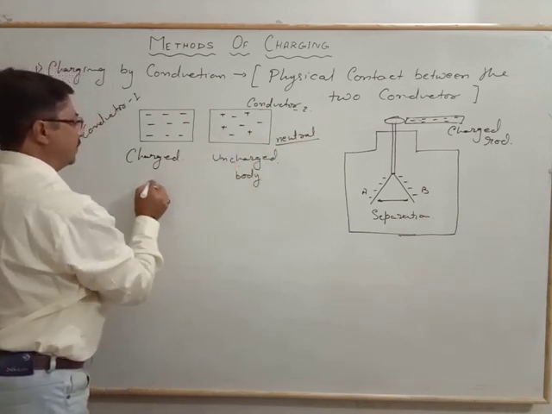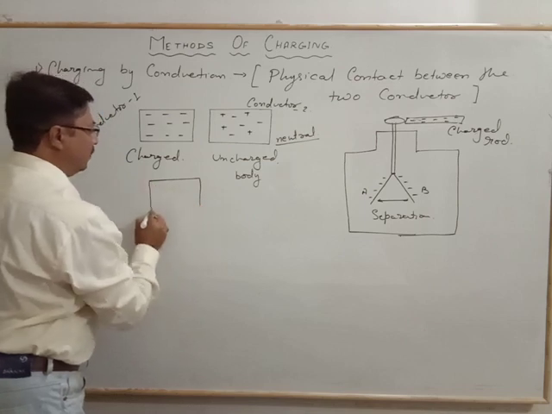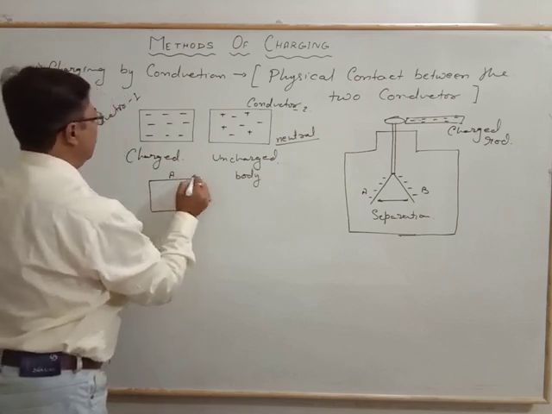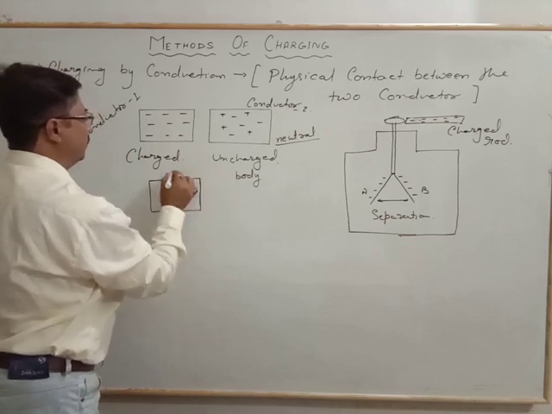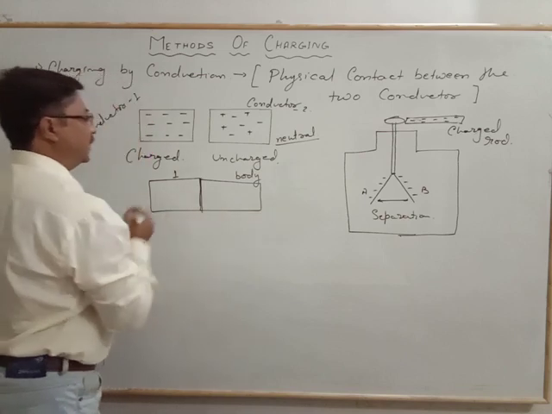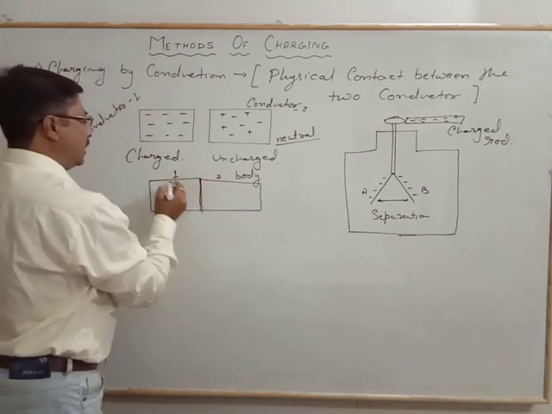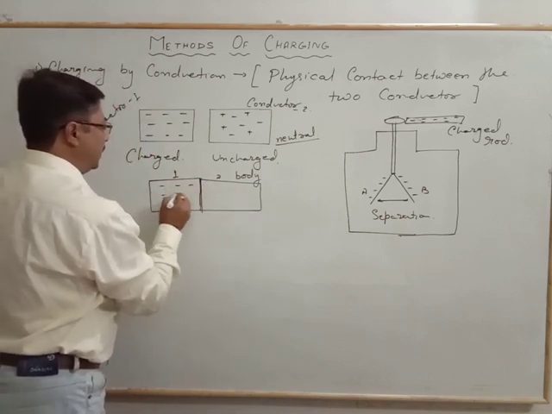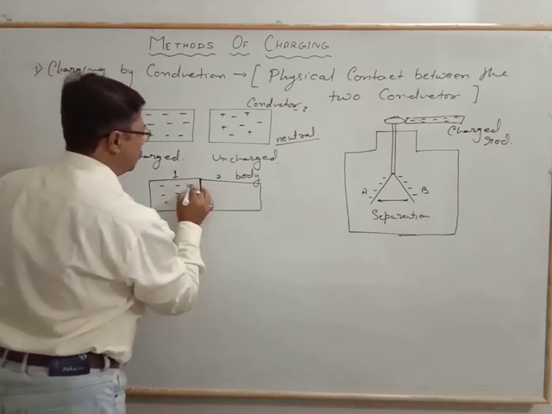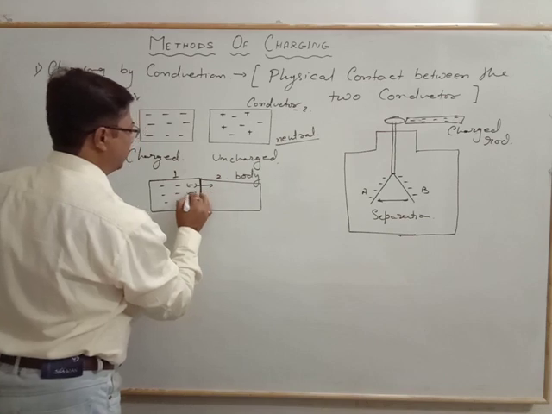When we bring these two together and make contact, plate 1 and plate 2 come in contact with each other. Some of the electrons, due to repulsion among the charges, will move from one to the next.